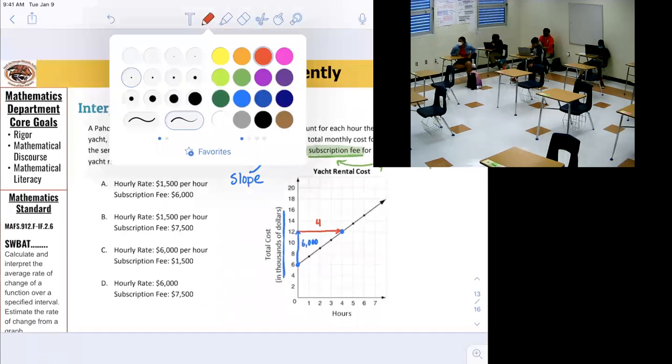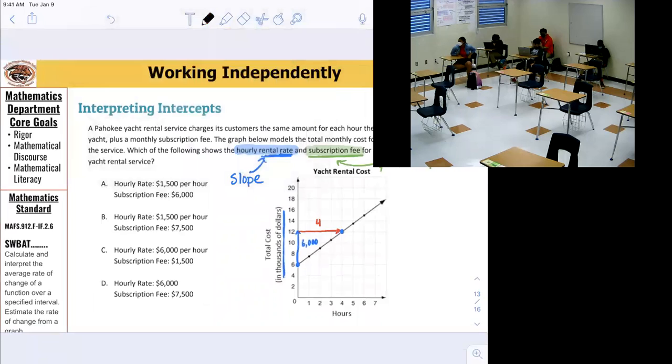So rise over run would be 6,000 over 4. What's 6,000 divided by 4? 1,500.